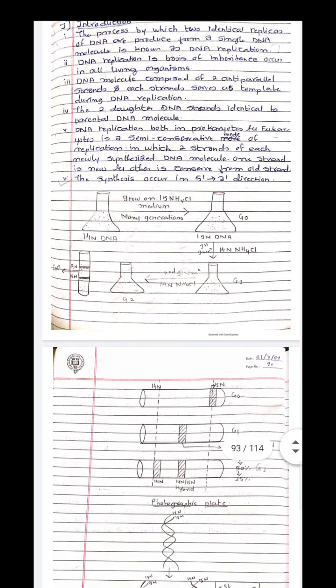In that, two strands are observed: one is the parental strand or old strand and one is the new strand. This synthesis always occurs in the 5' to 3' direction.